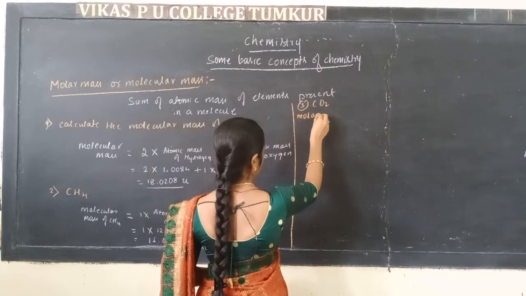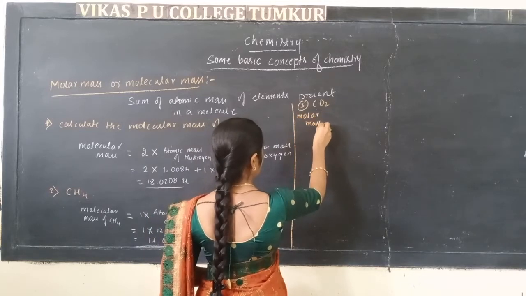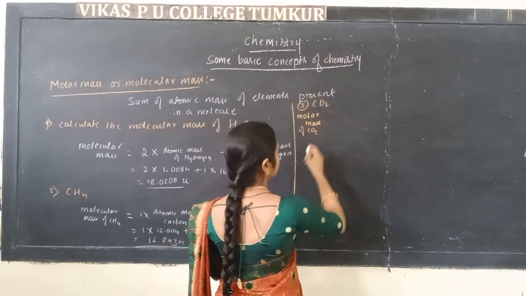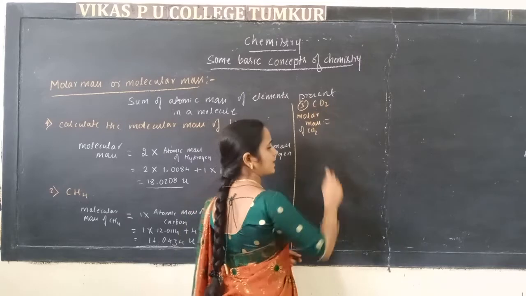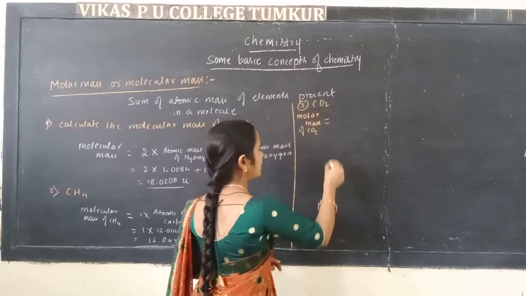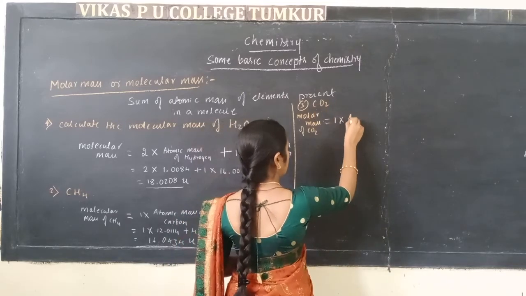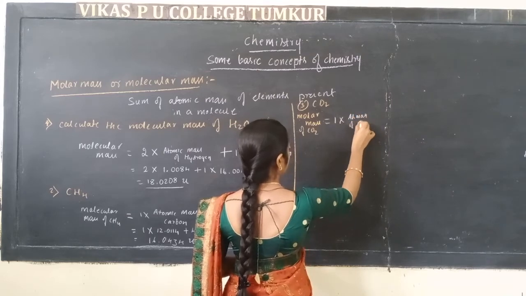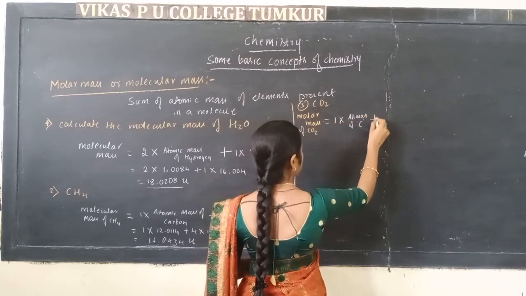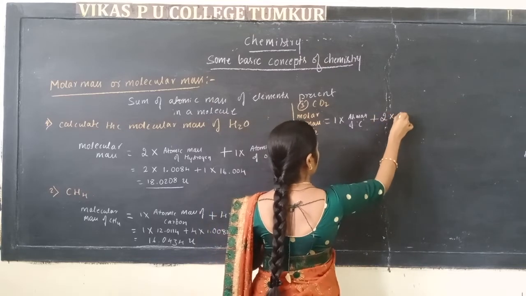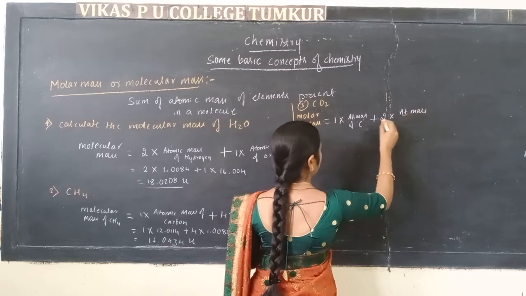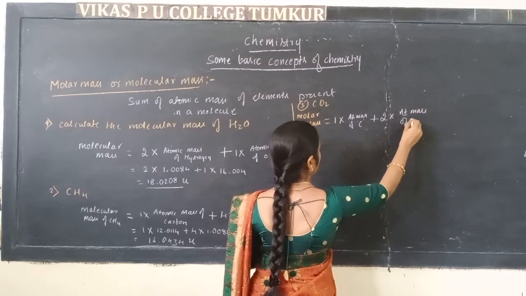Molar mass of CO2 is equal to, the number of carbon atoms is 1, so the atomic mass of carbon plus 2 into the atomic mass of oxygen.